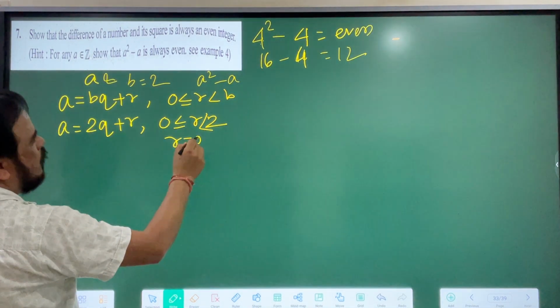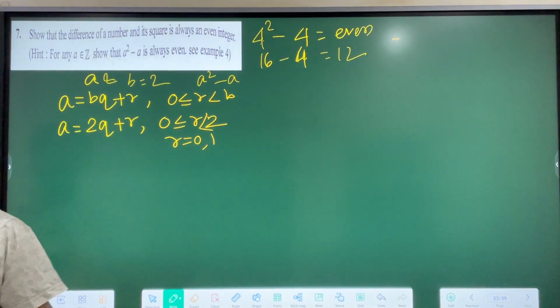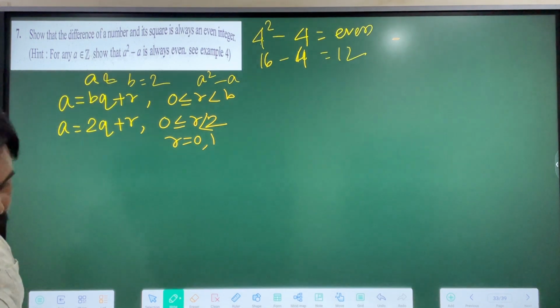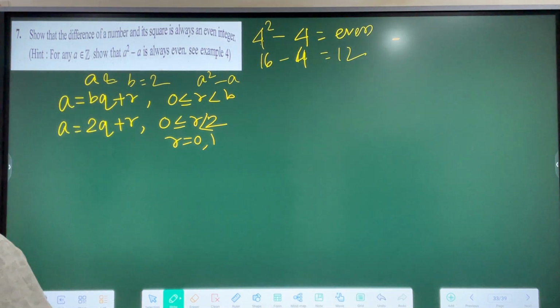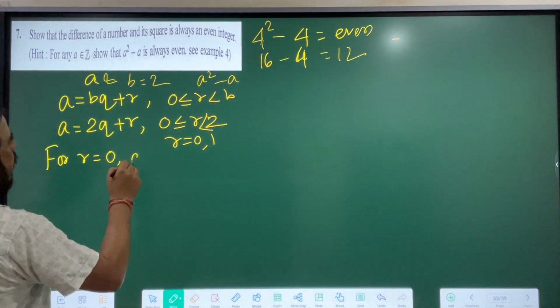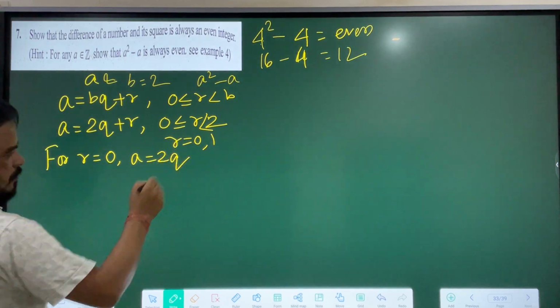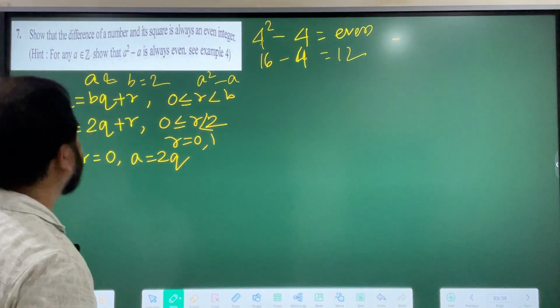So r is equal to 0 and 1 only, because r is smaller than 2. So r is equal to 0. Then for r equal to 0, a is equal to 2q only.